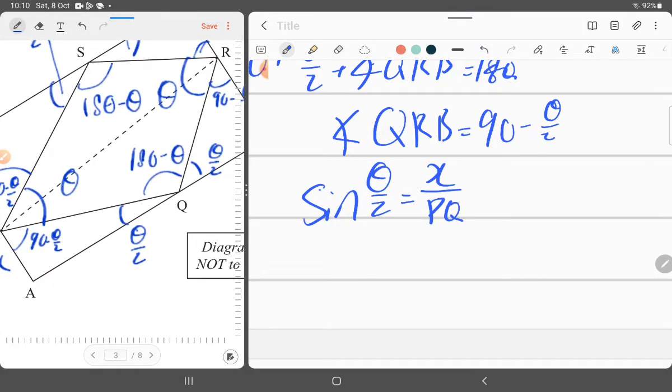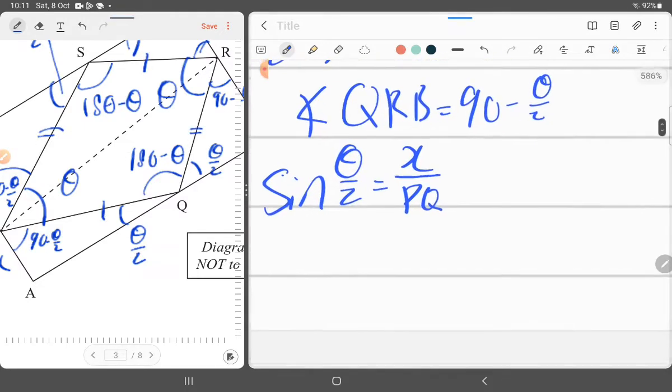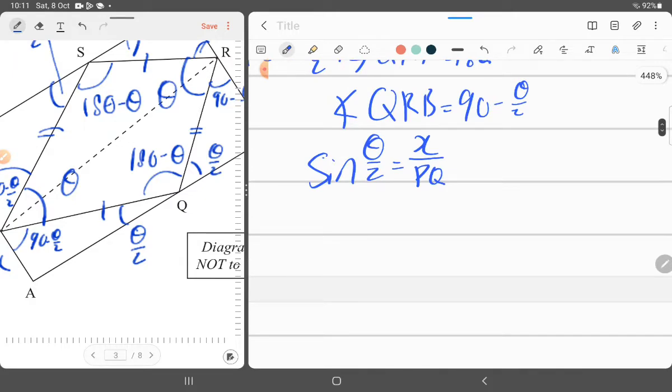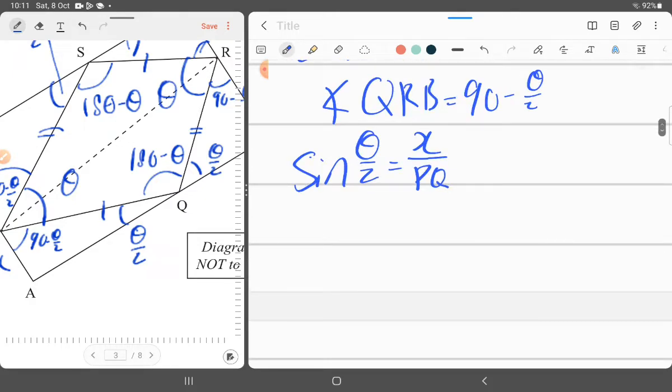Oh, by the way, this does mean that actually this is not a parallelogram. This is what you call it, kite, I think. Right? Is it? Oh no, it's a parallelogram. So this and this will be equal. So sine theta over 2 is equal to x over PQ. PQ is equal to x over sine theta over 2.